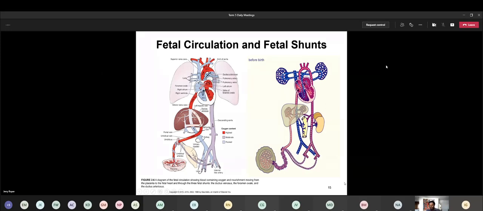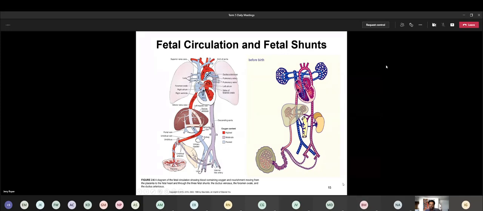All right, and of course the fetal circulation itself. So what we expect to happen is, because the fetus is not exposed to the air on the outside, the lungs essentially are not going to be able to do anything. So that just means that the fetus is going to depend on the oxygenated blood that it just received from the placenta.